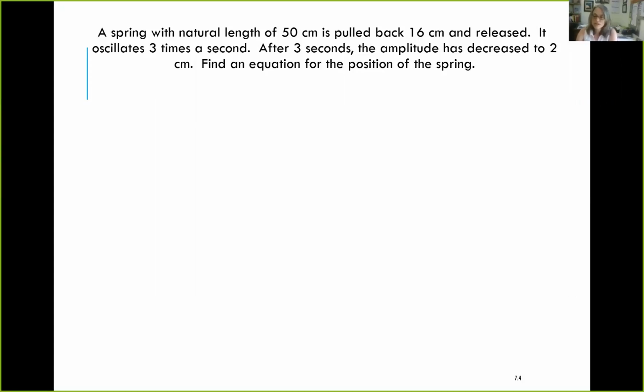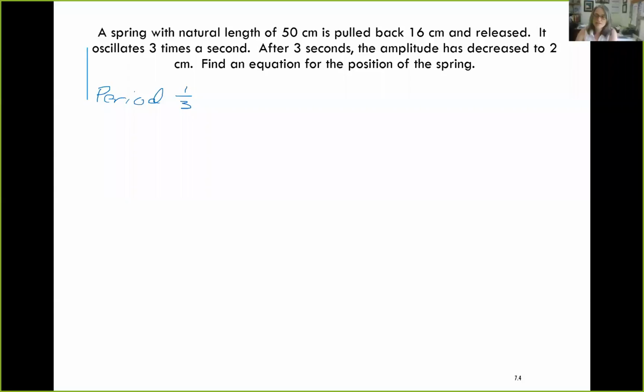So here's what we know. We know our oscillation is 3 oscillations per second, so our period is 1/3. Let's figure out what our function is going to look like.